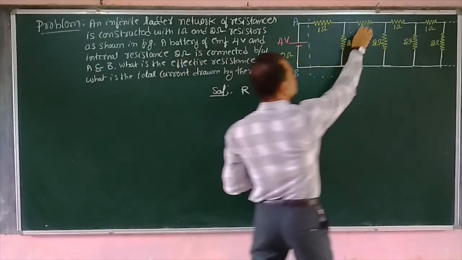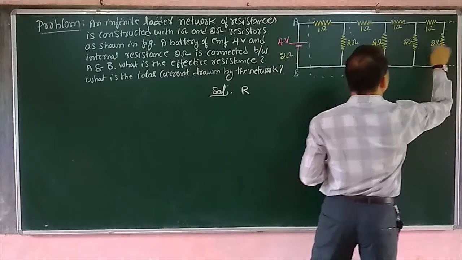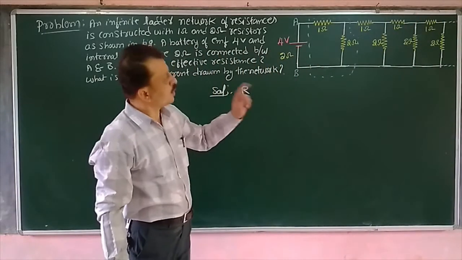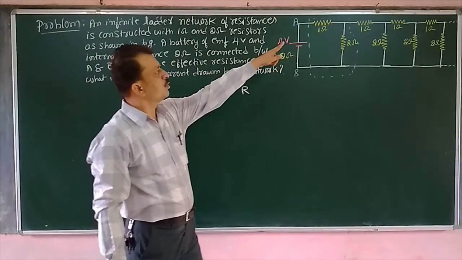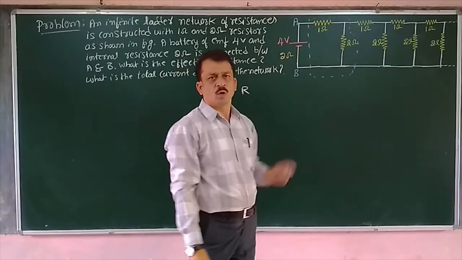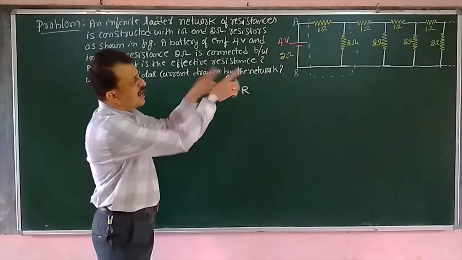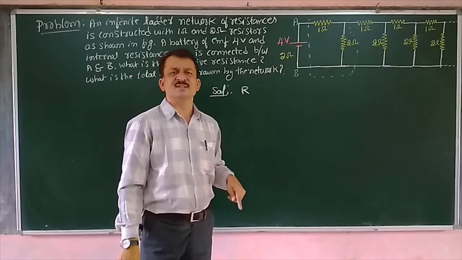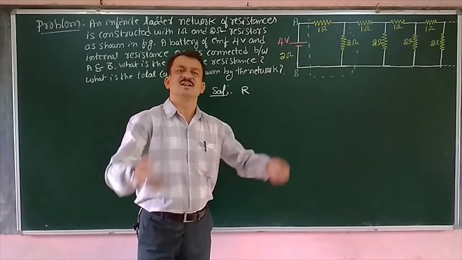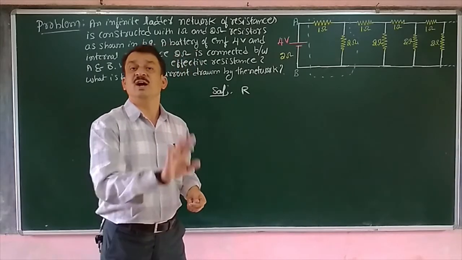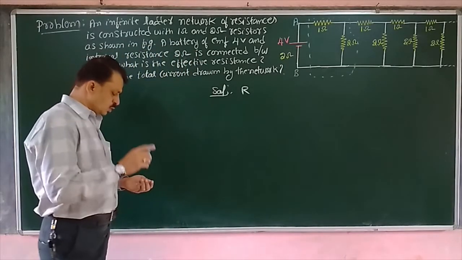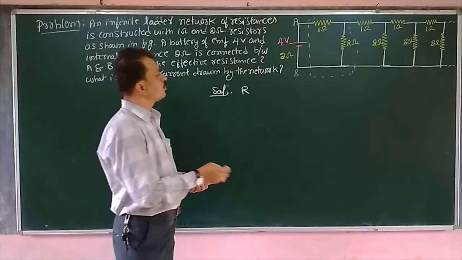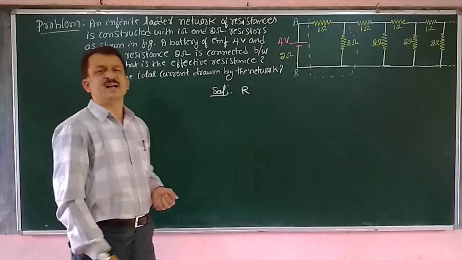Here is the second unit, third unit, fourth unit, like that. If you add one more unit to this infinite series, what will be the resistance? The resistance becomes the same. It will not change. Based on that idea, we are going to obtain the equivalent resistance and the current drawn.